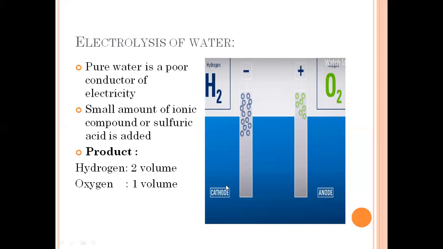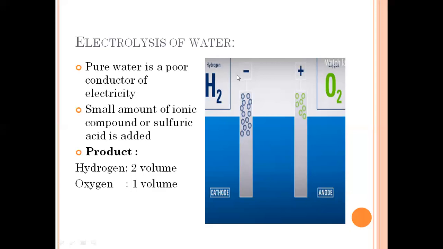Then H positive ions go to the cathode and OH negative ions go to the anode. OH negative ion goes to the anode, loses its electrons and evolves out in the form of oxygen. And hydrogen goes to the cathode and gains the electron and evolves out in the form of gas.